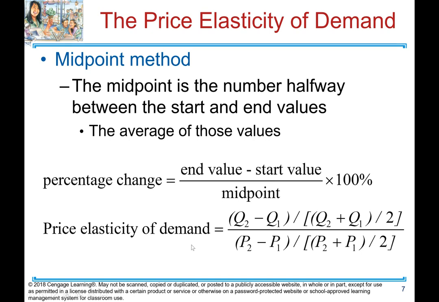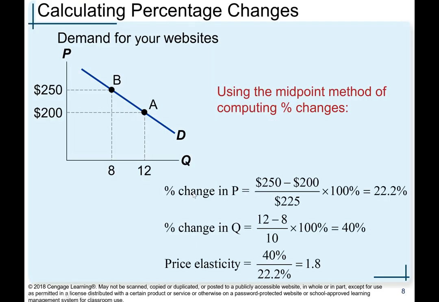So price elasticity of demand is Q2 minus Q1 divided by, in brackets, Q2 plus Q1 divided by 2. That's the average. And the denominator becomes P2 minus P1, which is the change in price, divided by, in brackets, P2 plus P1 divided by 2, that's the average of price. That is the midpoint formula.